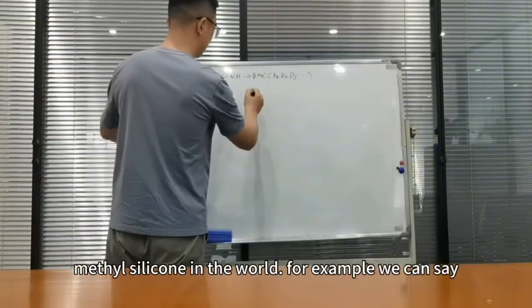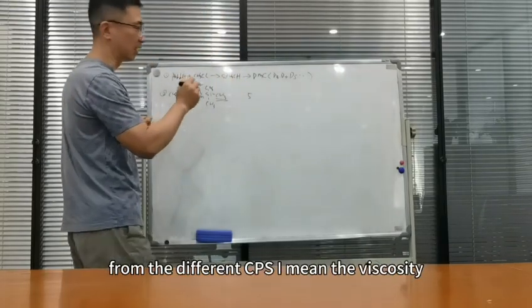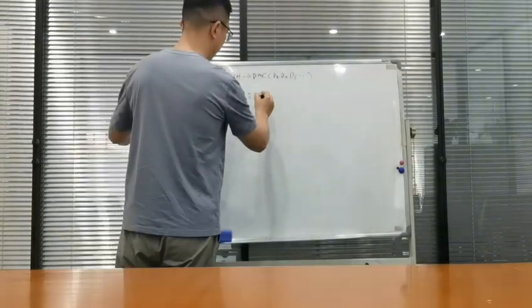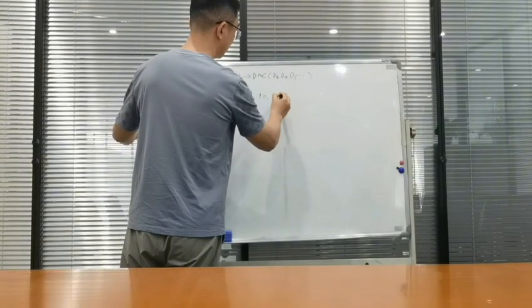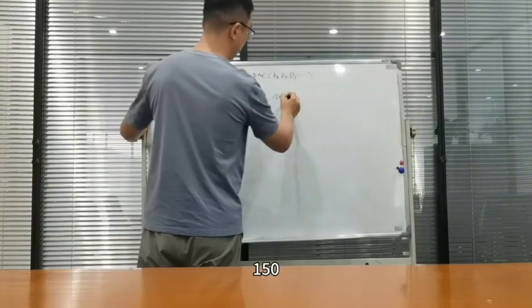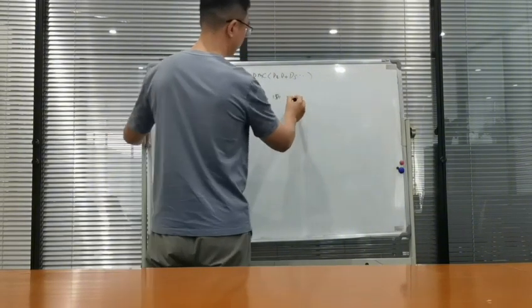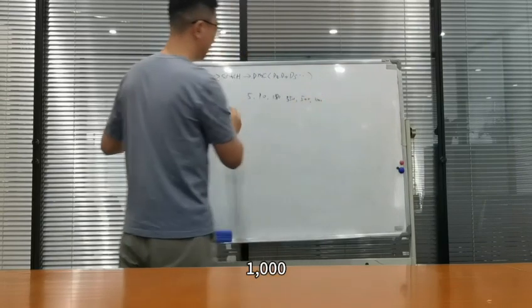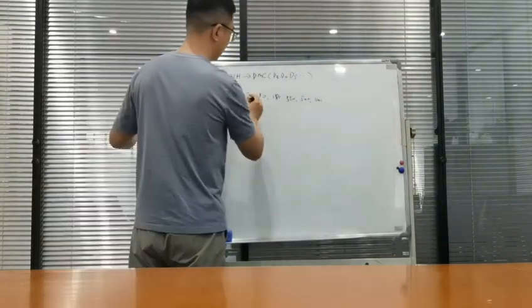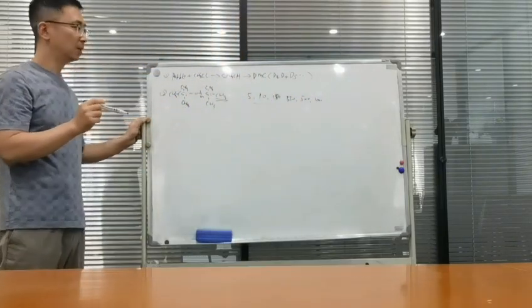For example, we can see different CPS, I mean the viscosity: 5, 10, 50, 100, 500, 1000, and some other viscosity products.